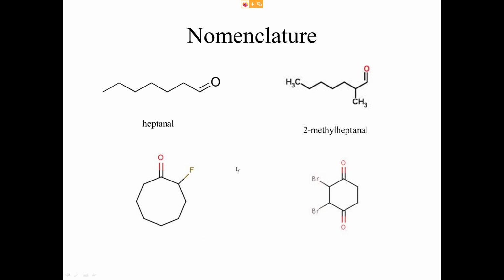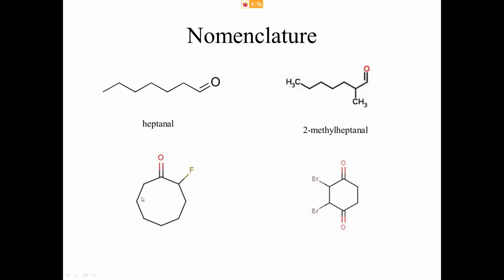It's easier to write than to say sometimes, I know. Especially when you have multiple letters back to back that are the same. But, so cyclooctanone. And then what is this? It's a fluoro on 2. So when I chose this in the ring as the main chain, this is automatically number 1. That's unusual for ketones, but in a ring it will be number 1, because it's the highest priority thing.